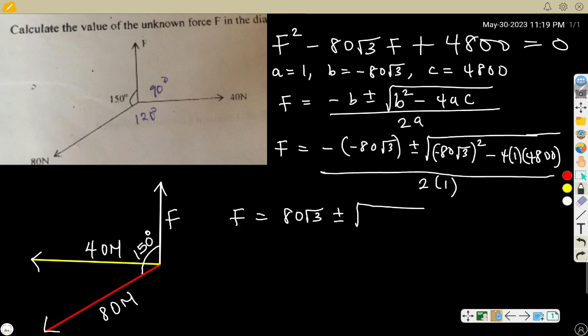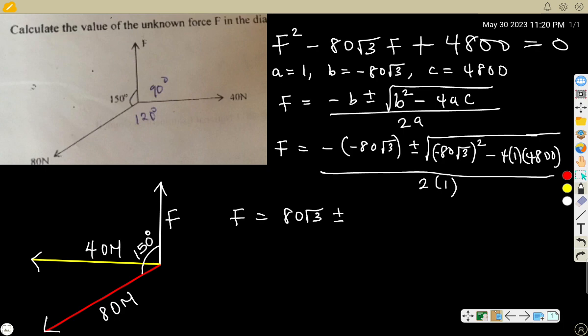That is the square root of bracket minus 80 root 3 square minus 4 bracket 1 bracket 4800.